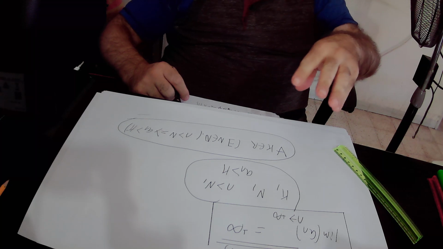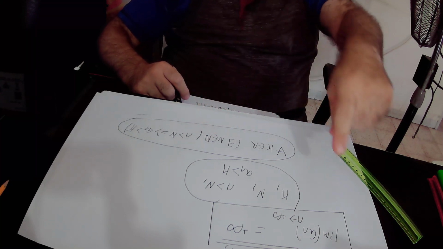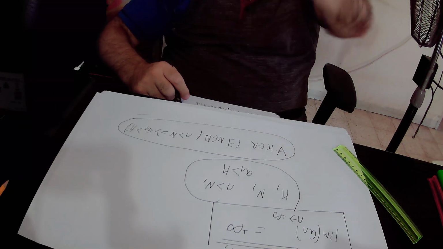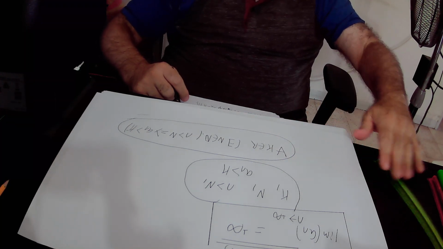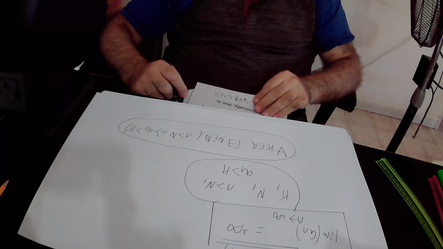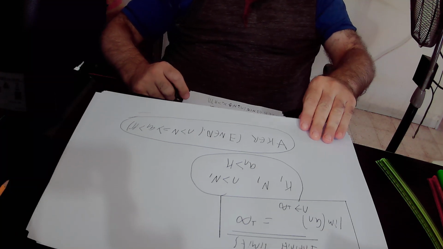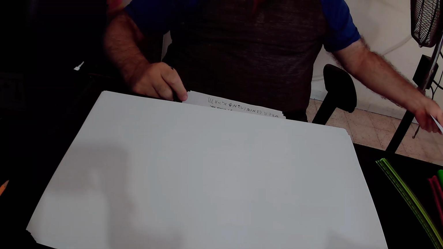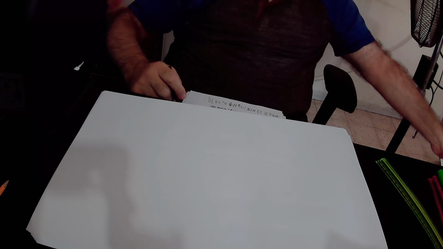Only if this condition holds, we can say so. So in the next step, I will give you an example of a sequence whose limit is equal to plus infinite.